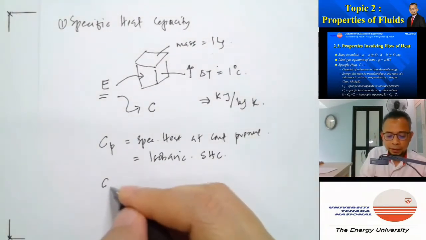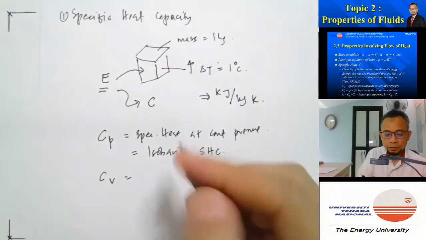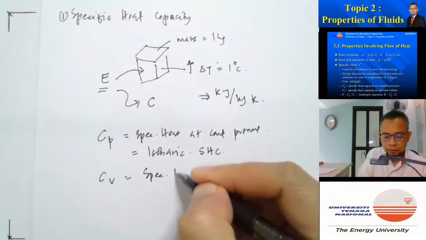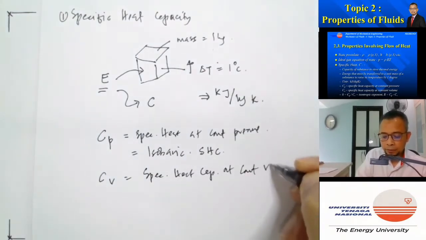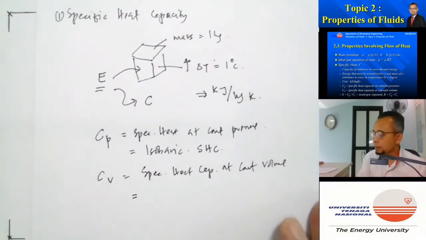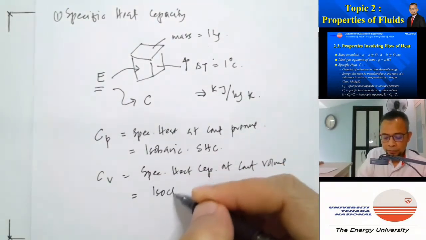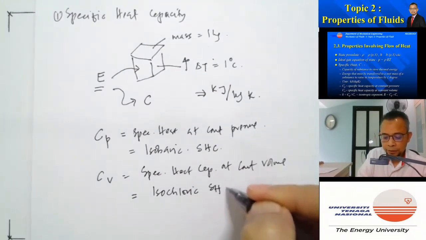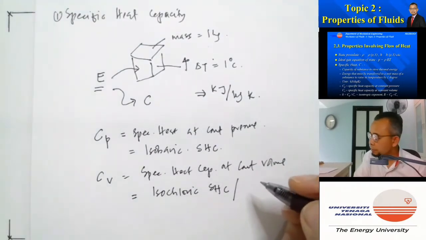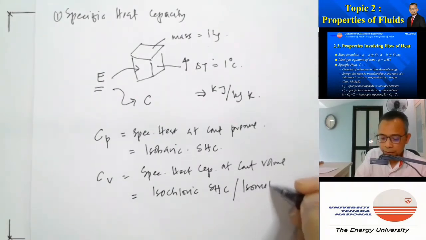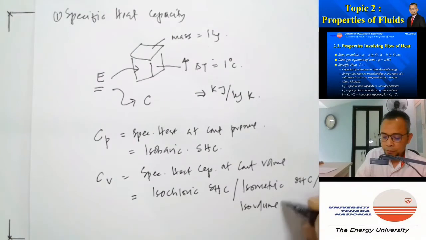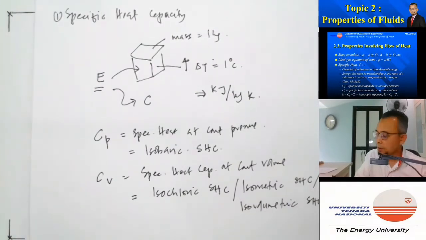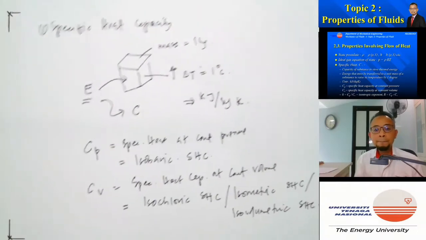And if the process is done at constant volume, we have Cv, the specific heat capacity at constant volume, and sometimes it is called isochoric specific heat capacity, or sometimes also isometric, or isovolumetric specific heat capacity.